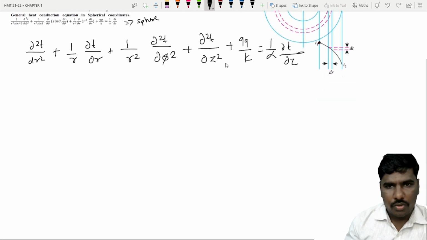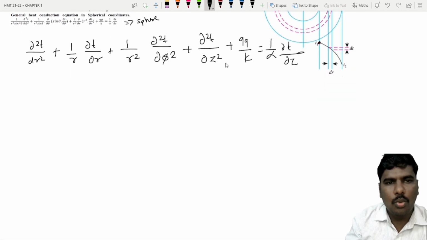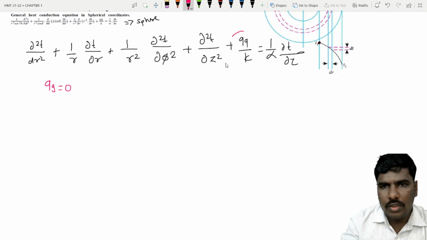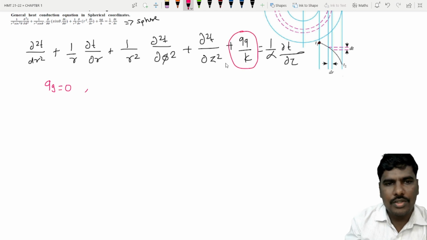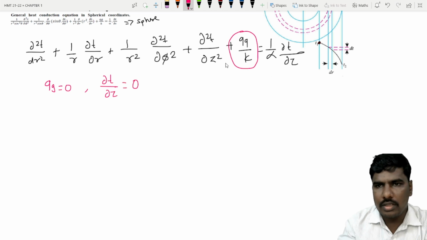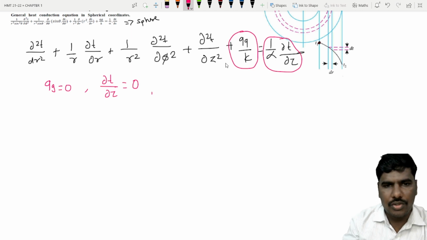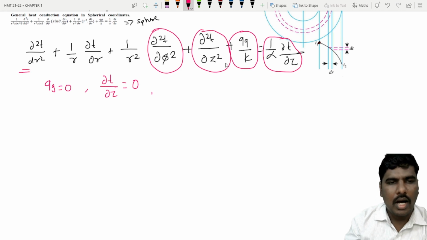Now for solving this equation, we consider there is no internal heat generation, meaning Qg is equal to 0, so this term becomes 0. For a steady state condition, ∂T/∂τ is equal to 0, because temperature does not depend upon time. There is also only one direction of heat flow, the radial direction, so we will not consider the phi direction and the Z direction, only the R direction.